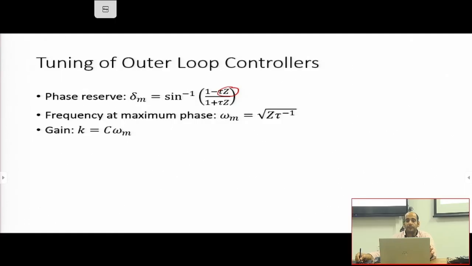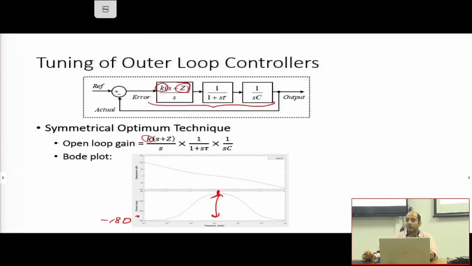Once you get the required phase reserve, then you can calculate at what frequency you get this maximum phase. Okay, so you get this maximum phase frequency. Now what you can do is play with the gain K to align the gain crossover frequency to match this maximum phase frequency. So like that you can decide the variable K and you can decide the variable Z, and like that you can tune the outer loops.